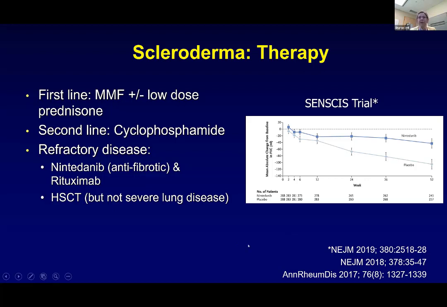And I think it's very important for you to know, if you are seeing children up to age 18 years with scleroderma-associated lung disease or any other fibrotic lung disease associated with a rheumatological condition, there's actually now a trial going on in children from 6 to 18 years of age with this antifibrotic drug.